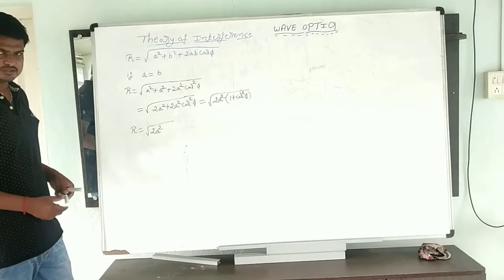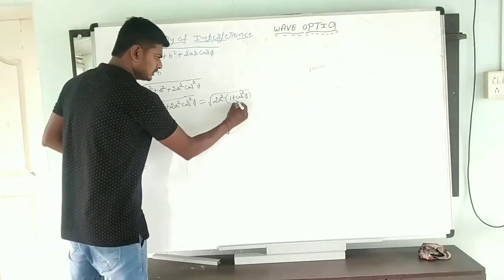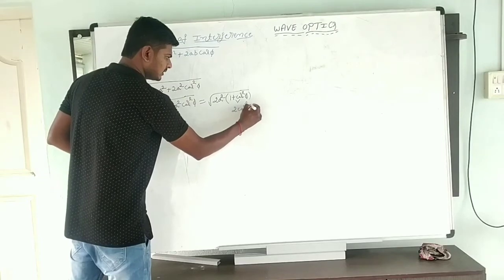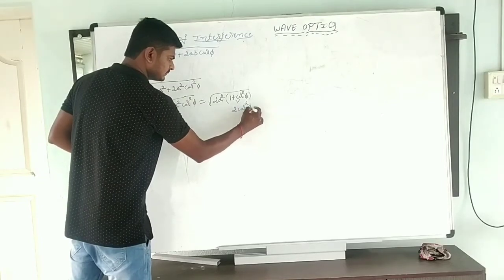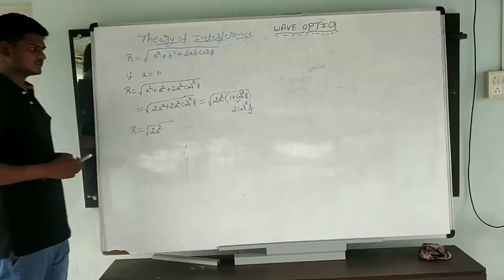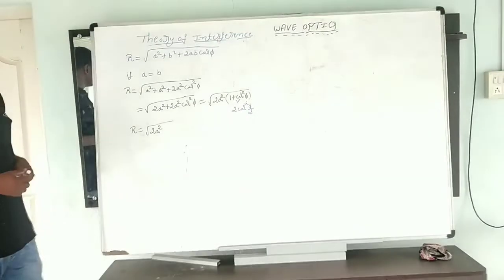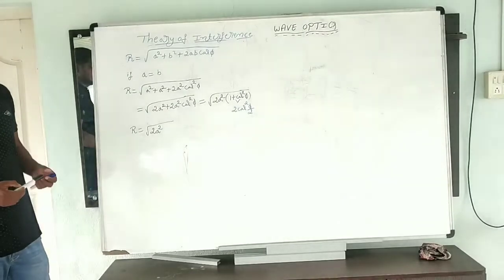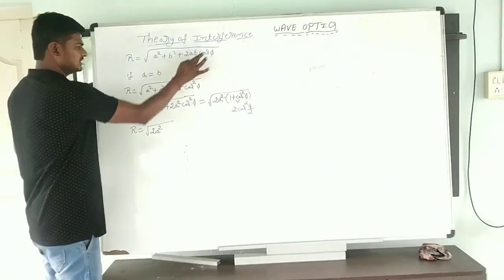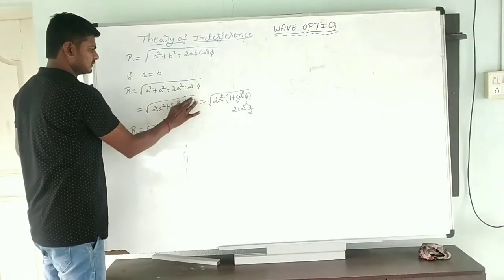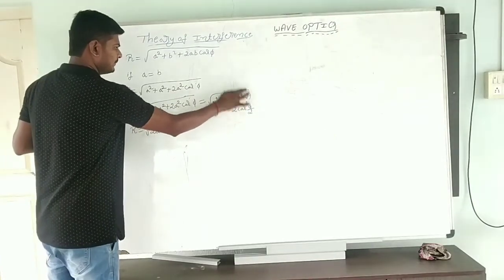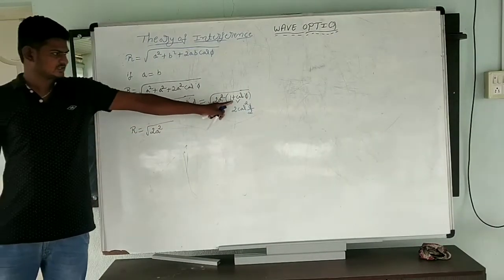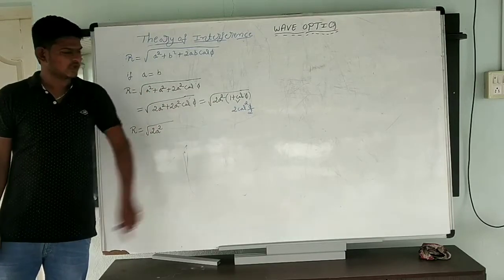Yes, 1 plus cos phi is how much? Already you know the formula: 1 plus cos phi is 2 cos square phi by 2.